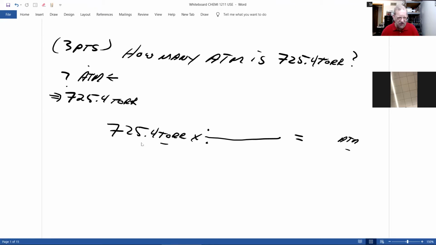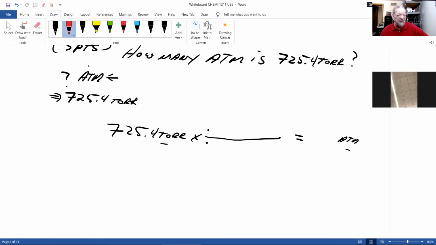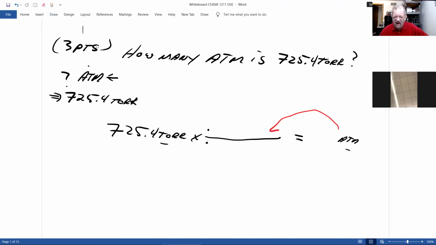It's time for your good buddy, your good friend, unit analysis. I love that. Hopefully you do too. If not, well, just grin and bear it. Whatever we're trying to get to unit-wise goes on top of that ratio. Whatever we're trying to get rid of goes underneath.